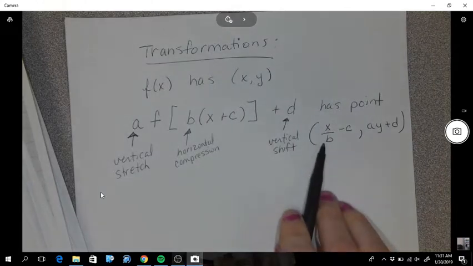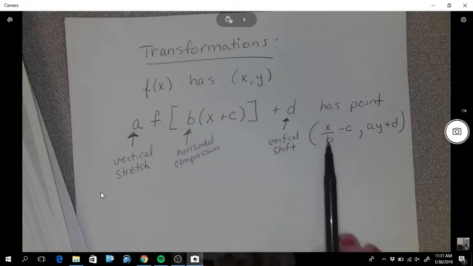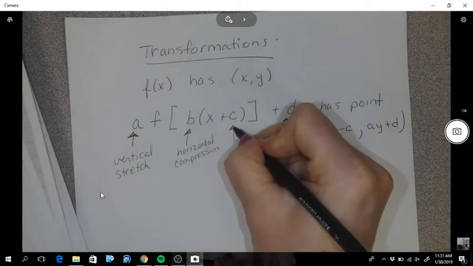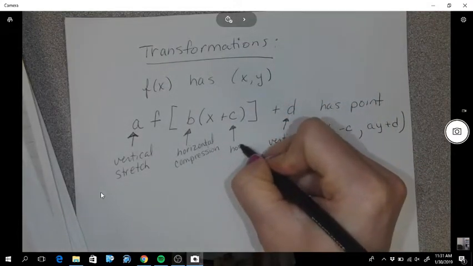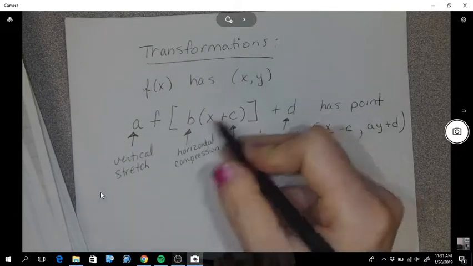So you would divide by b. So if this is 2, then your x value would actually be half of its original. And c is a horizontal shift, which would move left and right.